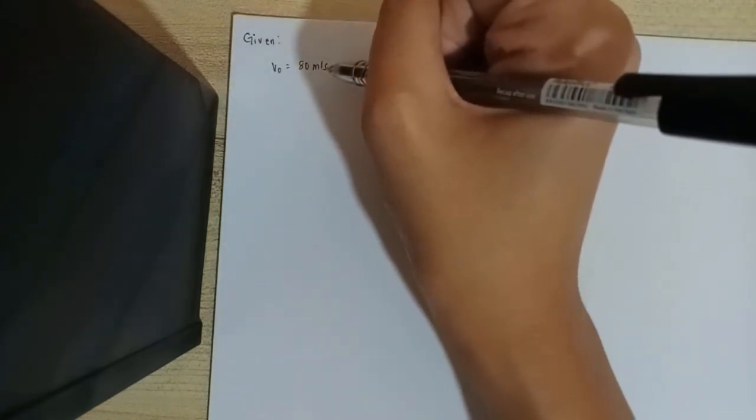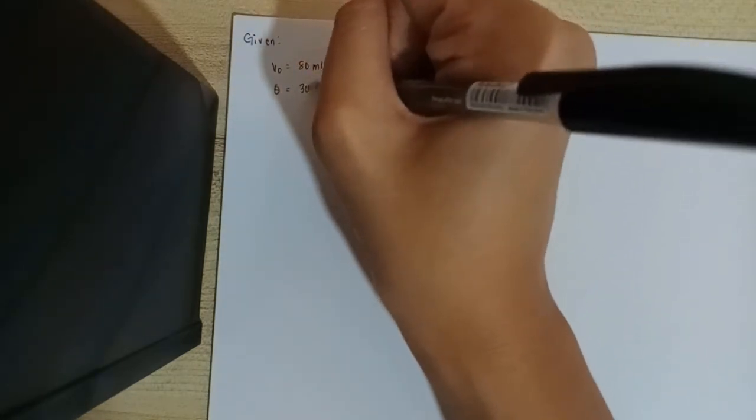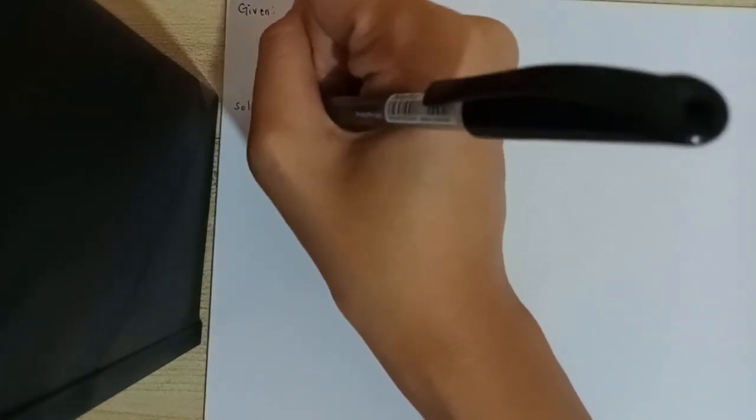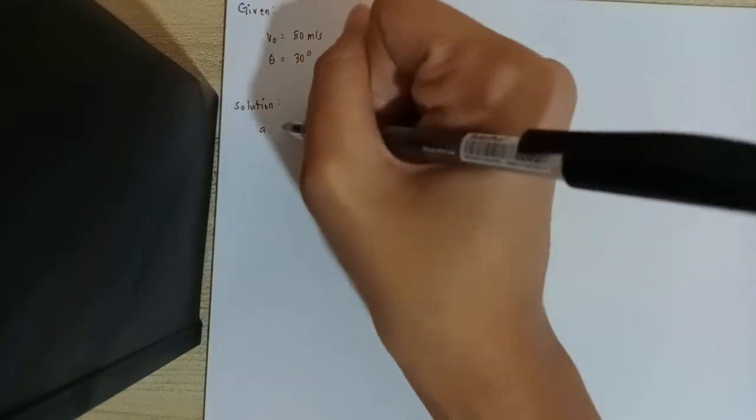To solve for that, of course, we will first write our givens, which is V sub 0 is equal to 80 meters per second. Our theta would be 30 degrees. So letter A, we have the given 6 seconds.